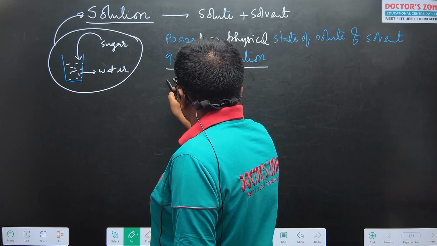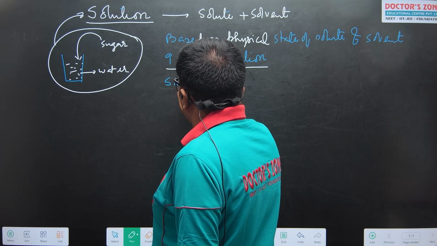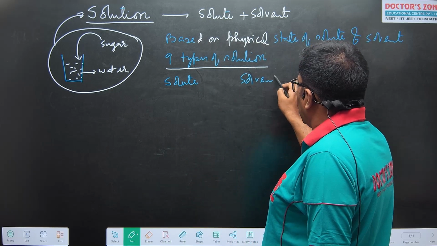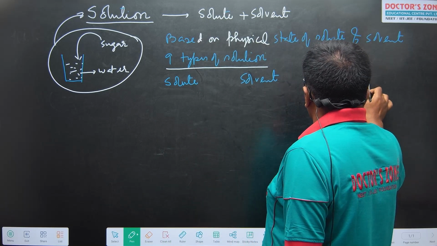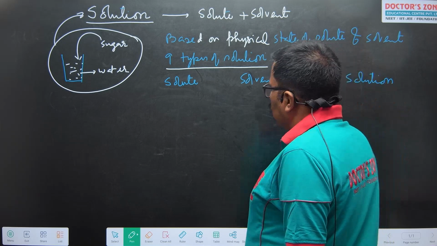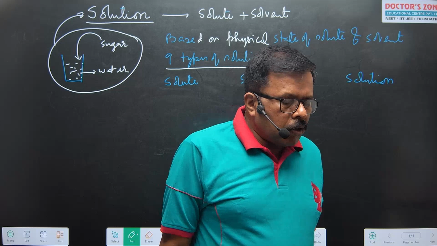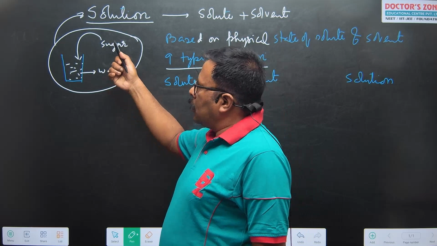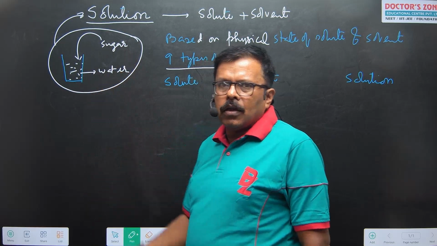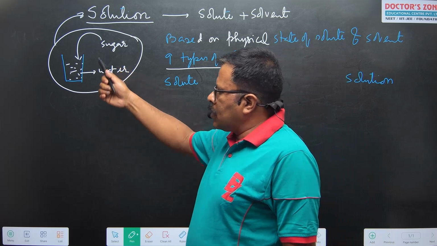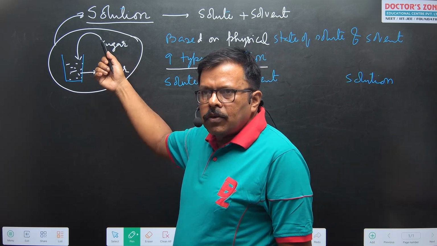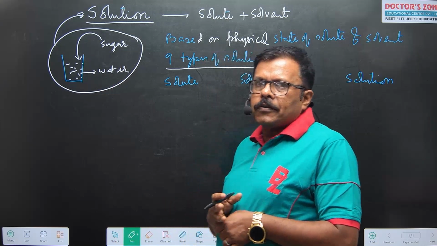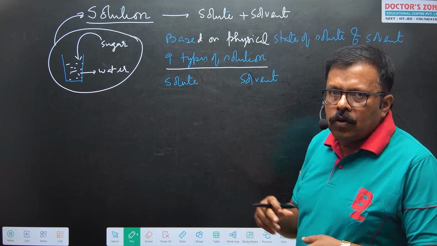I am writing solute, solvent and solution. I have not said here which one is solute, which one is solvent, what is sugar here, what is water here. In this case, sugar is the solute and water is the solvent. But what is the broader perspective of solute and solvent, that I will be telling you here.